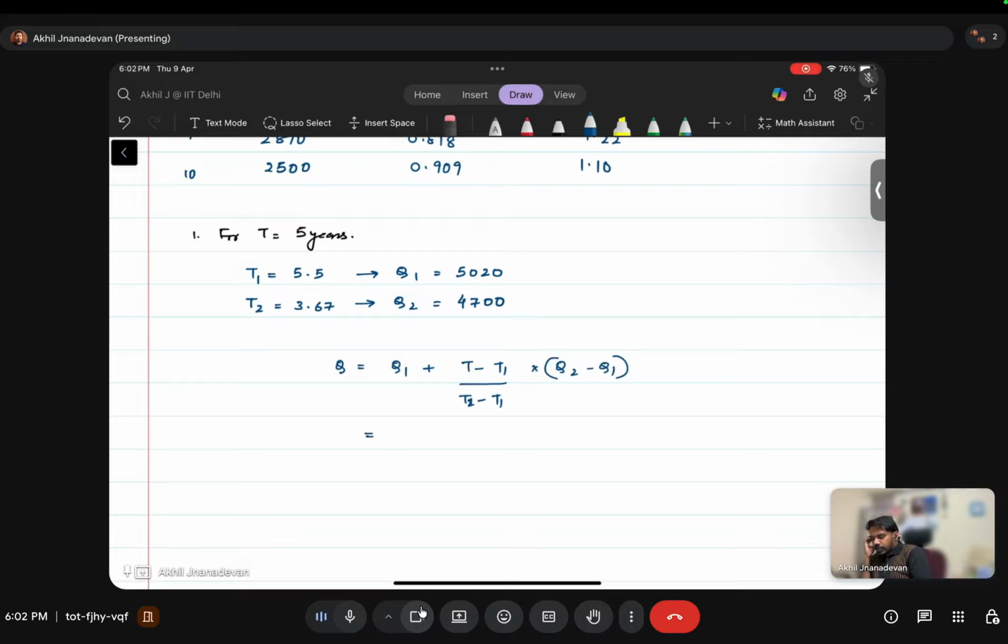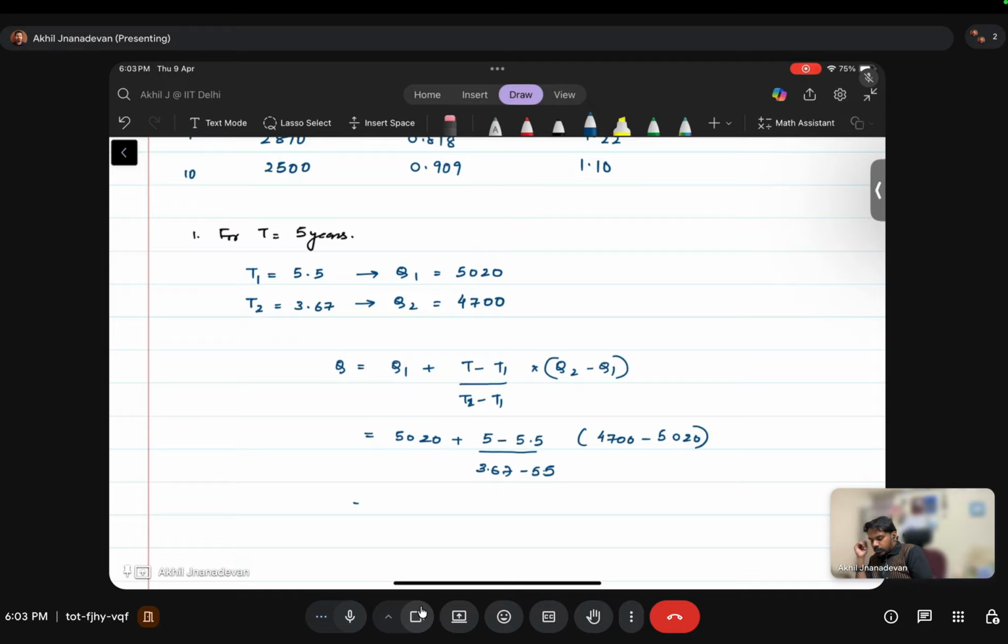So if you substitute that, Q1 is 5020, T is 5, T1 is 5.5, T2 is 3.67, minus 5.5, and Q2 minus Q1 is 4700 minus 5020.